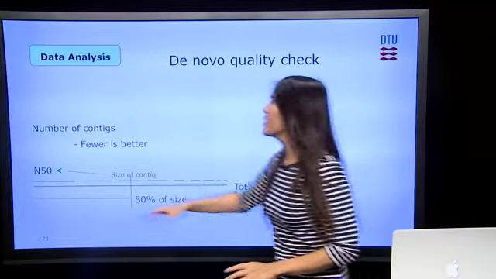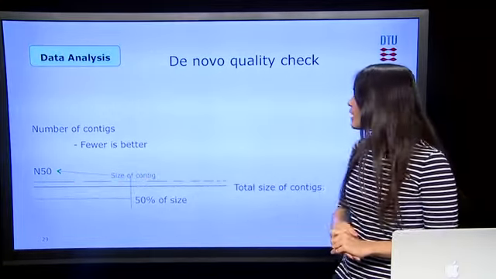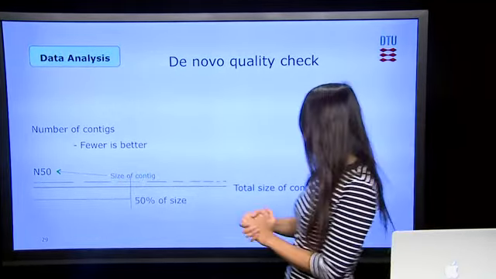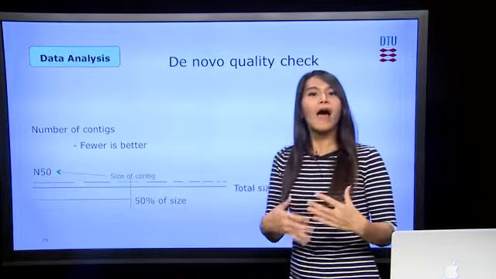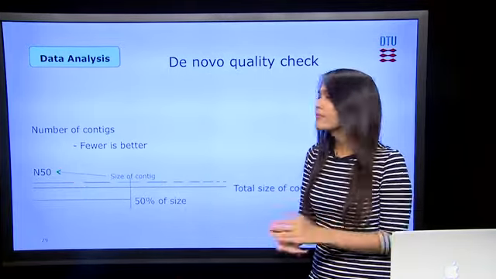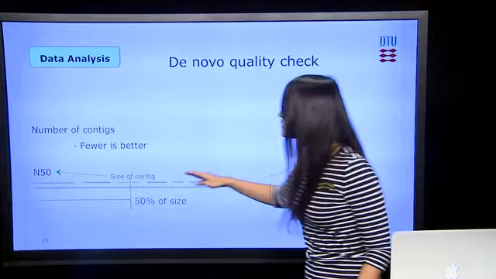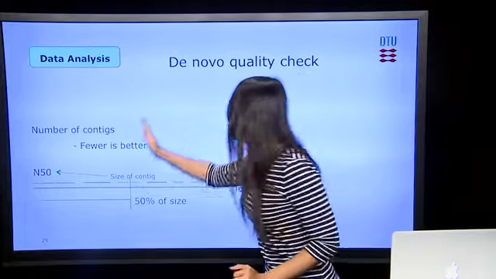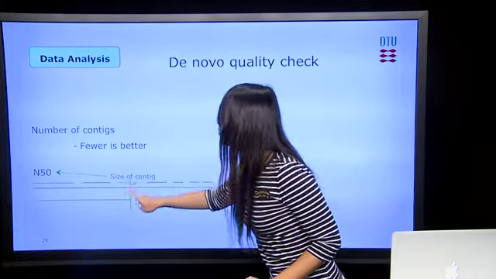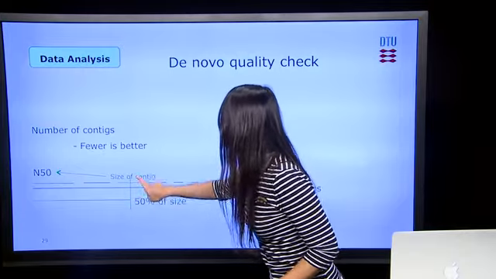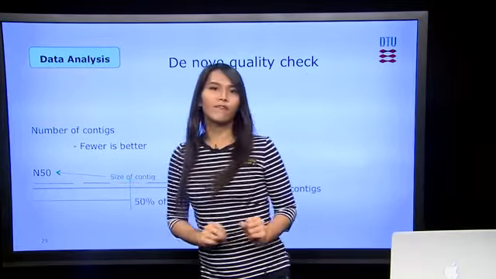Another parameter we call N50. And how can you know that? You have different sizes of contigs, right? So you sort the contigs by size, and the contig in the middle, the size of the contig in the middle, that's the N50.